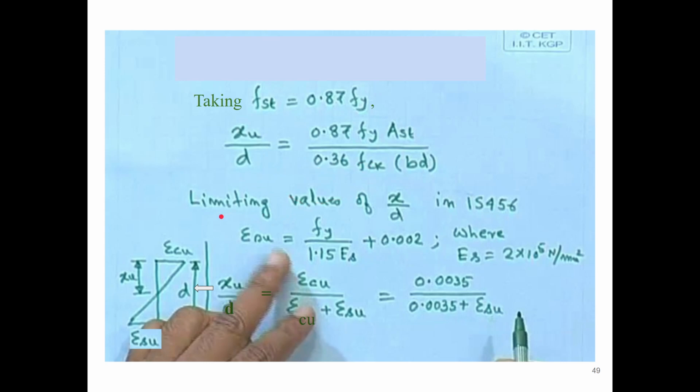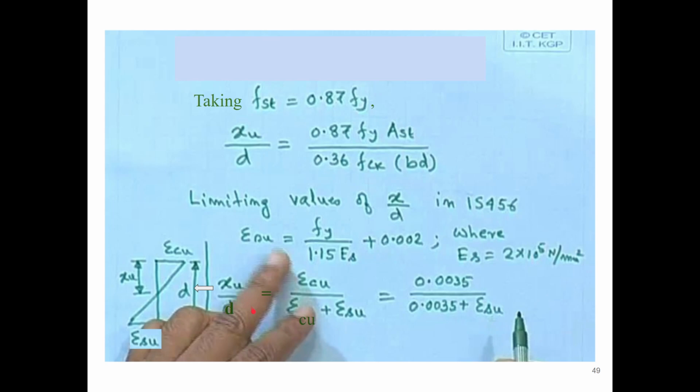Now let us see the limiting value of x by d as per IS 456. This is the general value, so for any section you can calculate. The limiting value is the critical value basically. As per IS 456, epsilon su is equal to fy by 1.15 Es plus 0.002, where Es is equal to 2 into 10 to the power 5 megapascal.